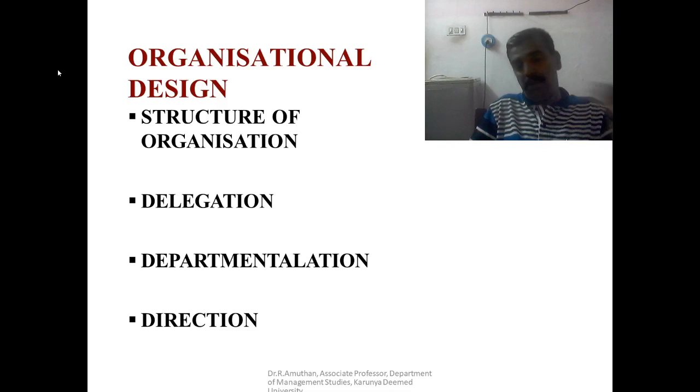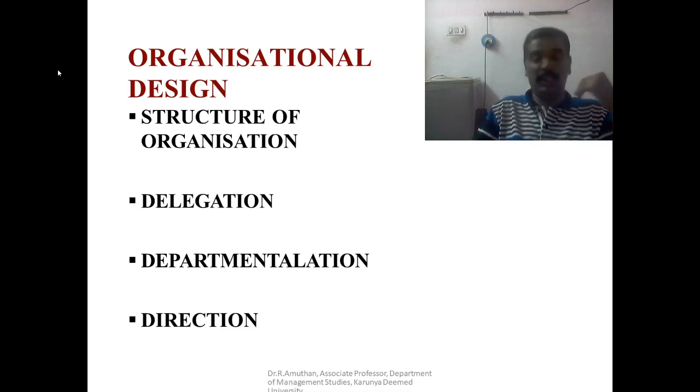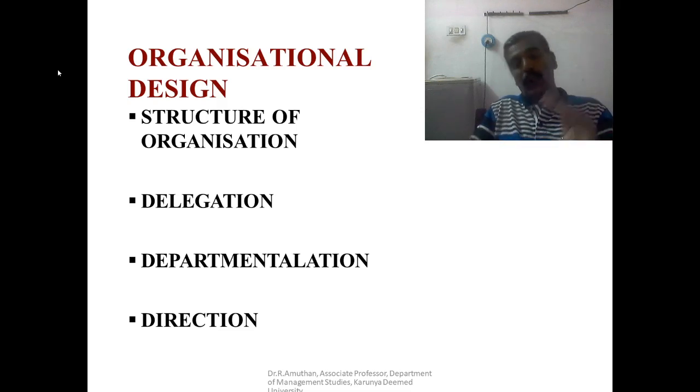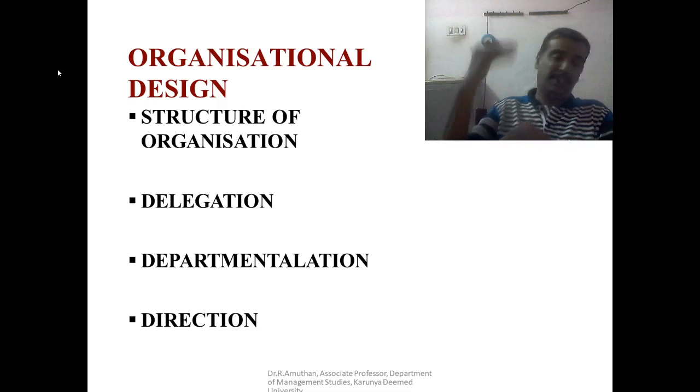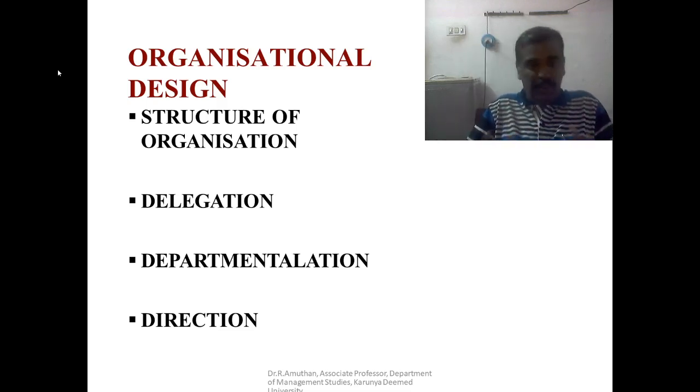Okay. Coming to the last one, called direction. Direction means giving instruction to your subordinates for the purpose of fulfilling your vision. See, being a head, you have a vision, correct?